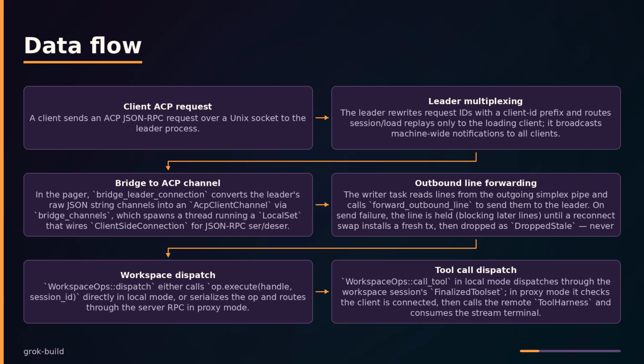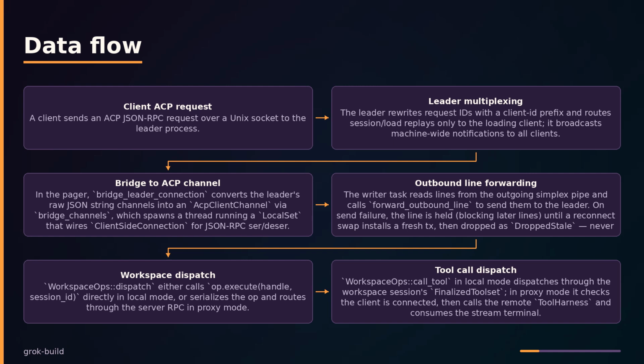Then outbound line forwarding. The writer task reads lines from the outgoing simplex pipe and calls forward_outbound_line to send them to the leader. On send failure, the line is held, blocking later lines, until a reconnect swap installs a fresh TX, then dropped as dropped stale, never replayed. Then workspace dispatch, workspace ops.